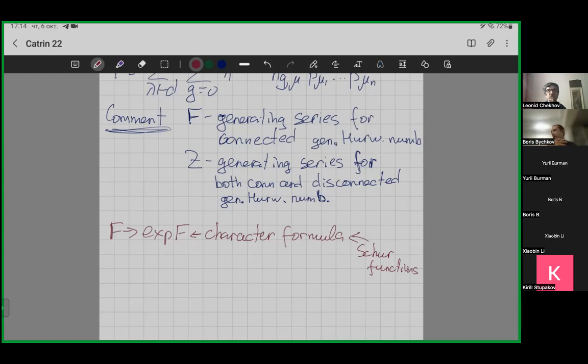You could think about these Hurwitz numbers as an eigenvalue of some operator in the center of the group algebra of the symmetric group. So yes, basically it's combinatorial, but you have to use a little bit of representation theory.